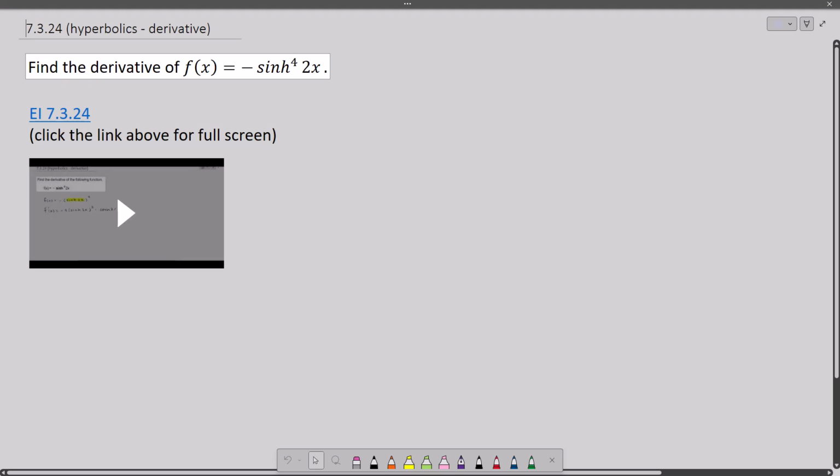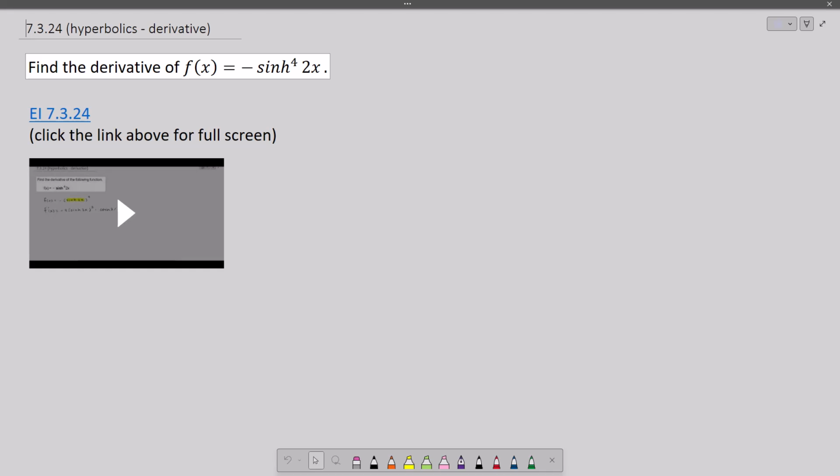Derivative here. The common mistake here is to not do the chain rule properly. If you have any inclination to mess up the chain rule with trig functions, then it might be better to rewrite this as sinh 2x quantity to the 4th.